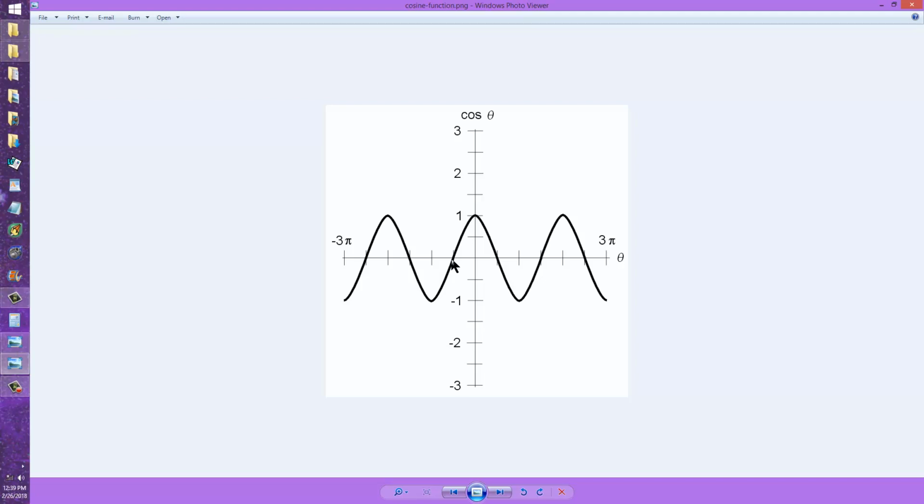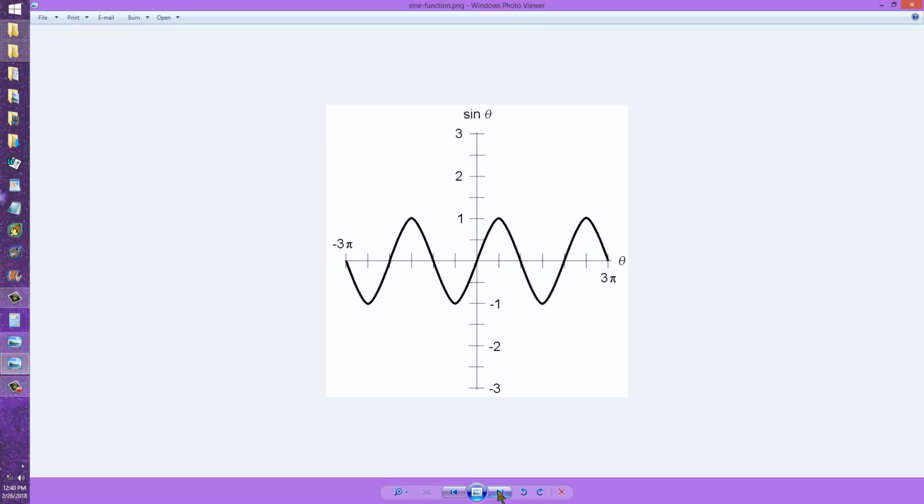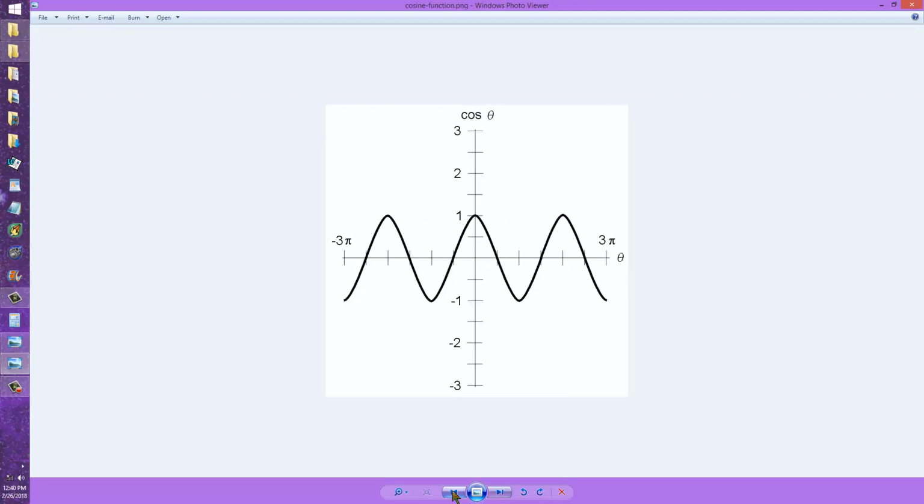So when you hear about a sine wave versus a cosine wave in electronics, the only difference is that a cosine wave is shifted 90 degrees earlier in time. That's 90 degrees of phase, or pi over 2 radians, earlier in time than the sine wave, which is 90 degrees later in time than the cosine wave.